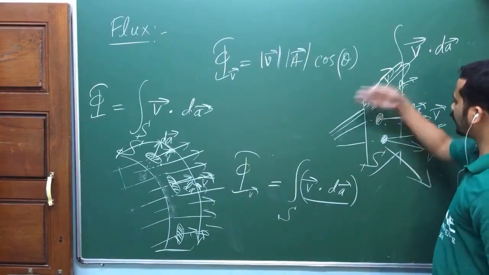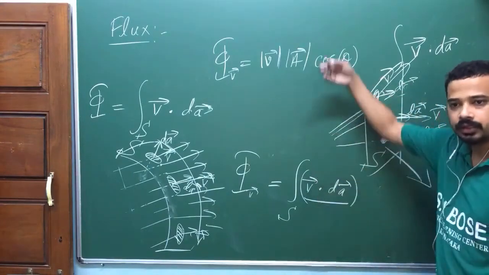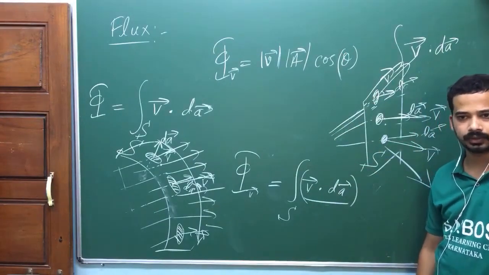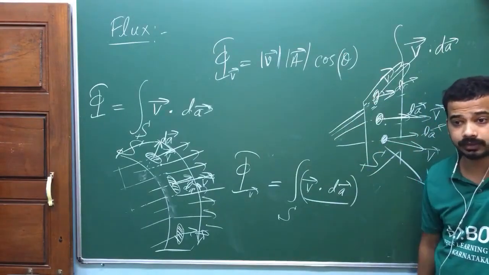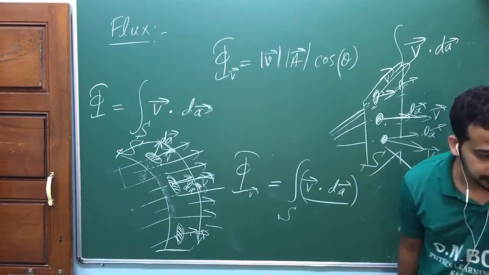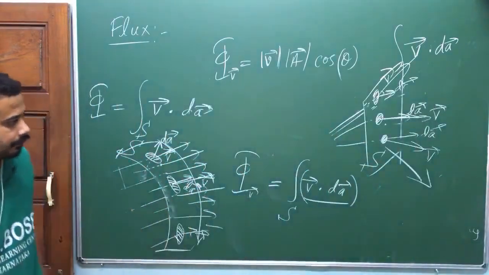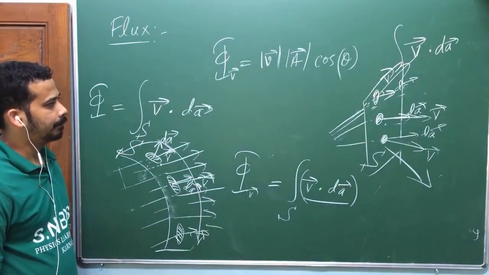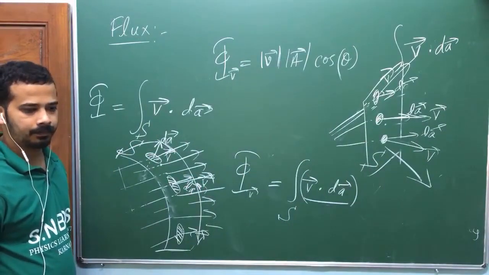If you take the opposite, you will get obtuse angles, all of those dot products are negative, and when you integrate, you will get negative flux. That's it, but the magnitudes remain the same, even though it is negative. Yes, speak out. Sir, if the small area and curved surface area, both directions are different, then why do we take the curved surface?